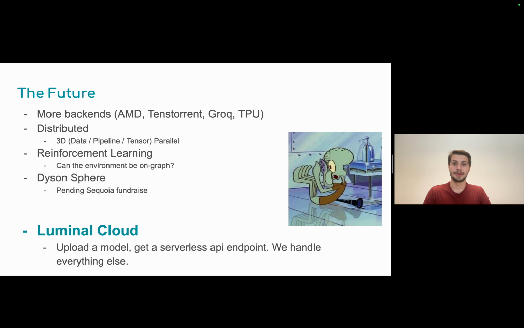We want to do distributed inference and training. So we want to do full 3D distributed through data parallel, pipeline parallel, and tensor parallel, and we want to do RL. A common bottleneck in RL is that we run our model on the GPU, but we run our environment on the CPU, and that back and forth is the huge bottleneck.